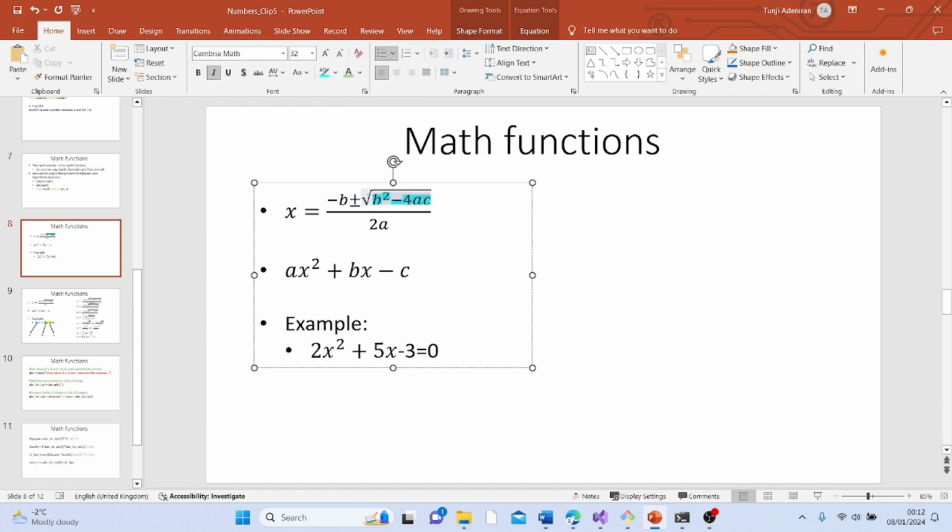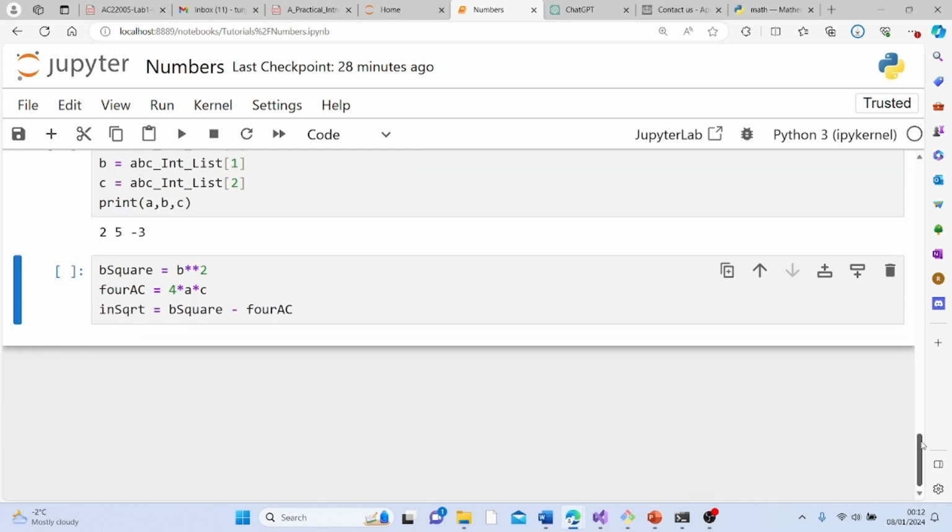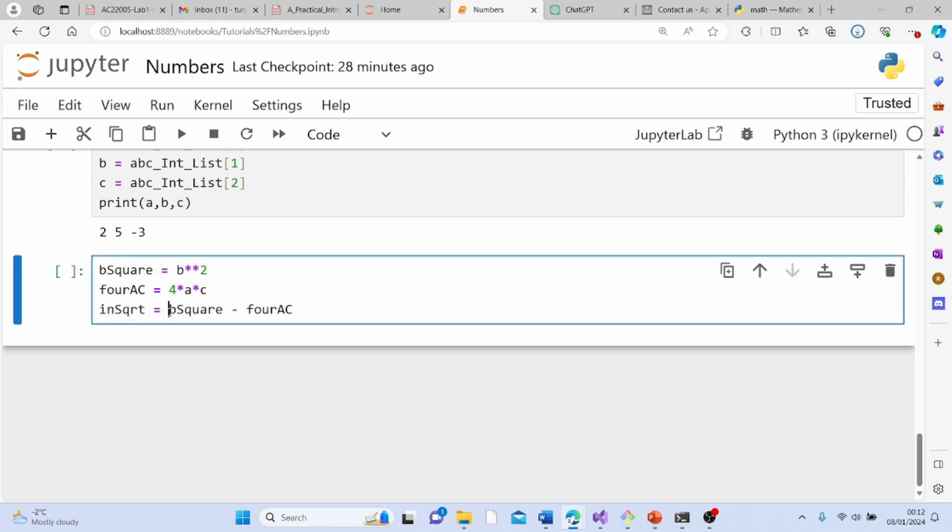Yeah, so now we want to find the square root of that arithmetic operation. We have just done this, so let's find the square root. Let's call it square root.